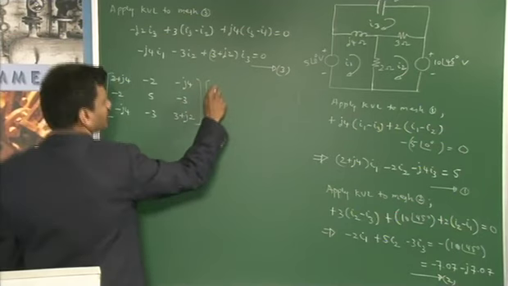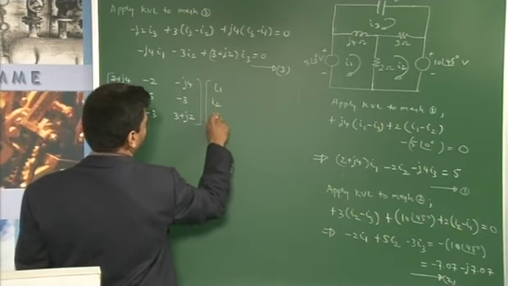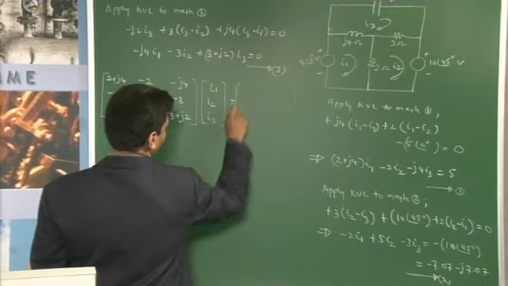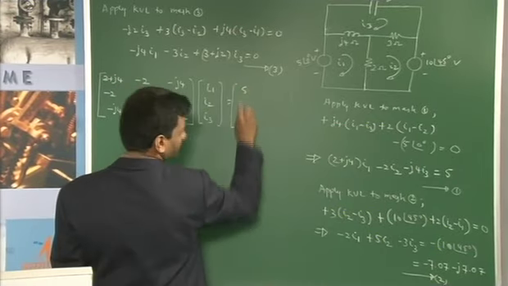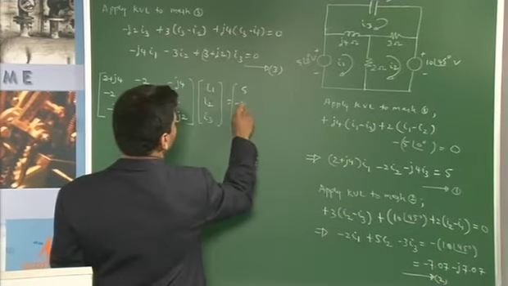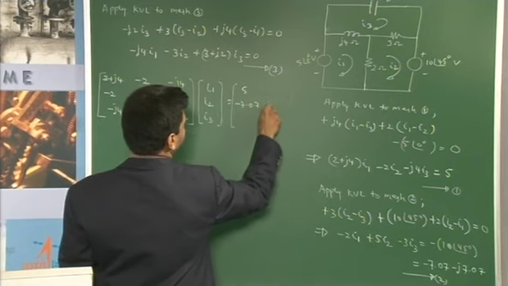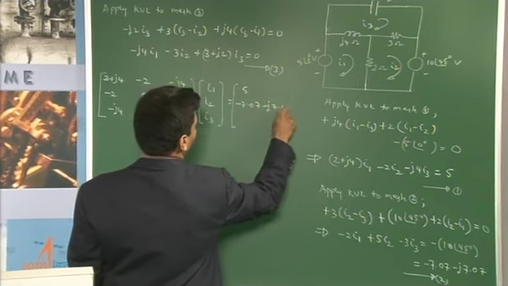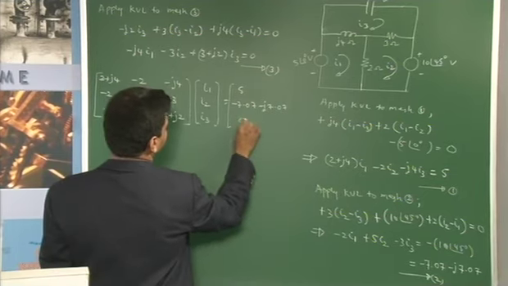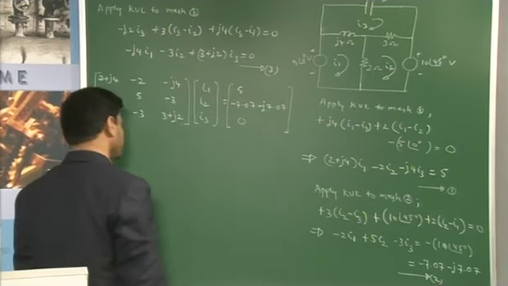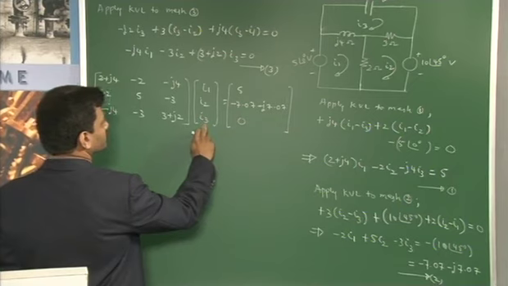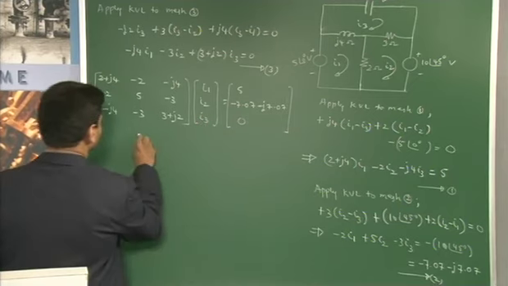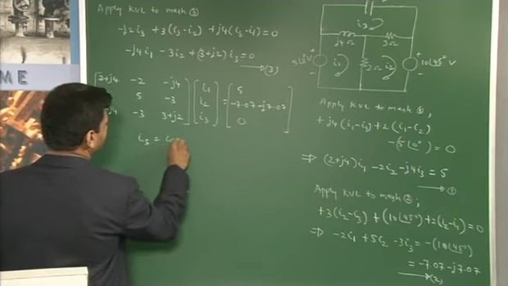Multiplied by I1, I2, I3, this is equal to 5, then minus 7.07 minus J7.07, and then 0. So this is the matrix equation. Now our objective is to find I3, which is nothing but the capacitor current.